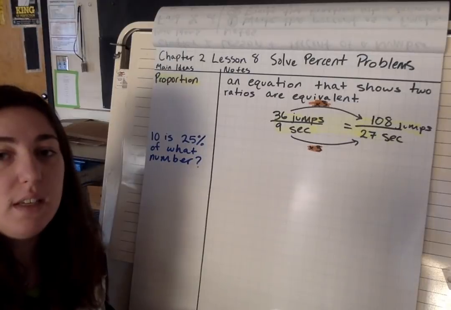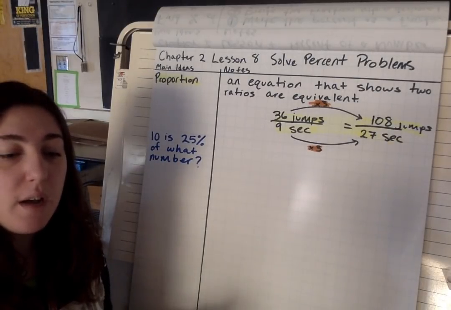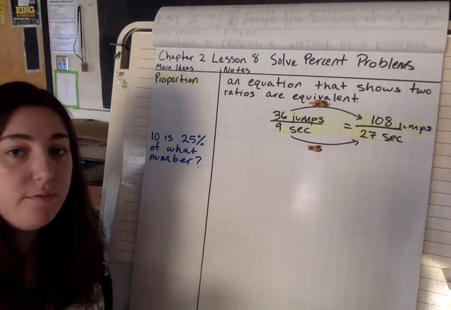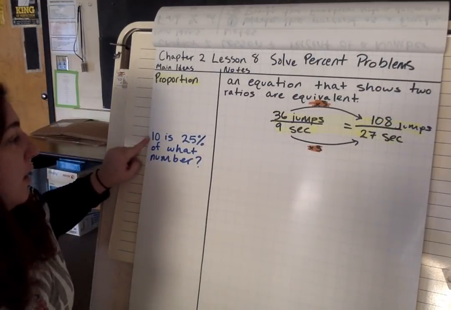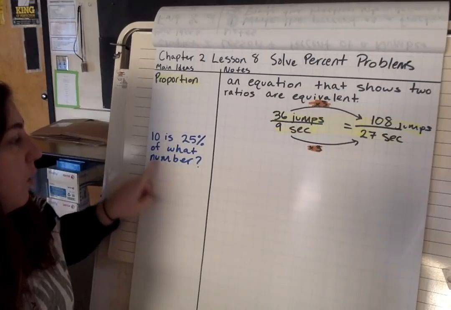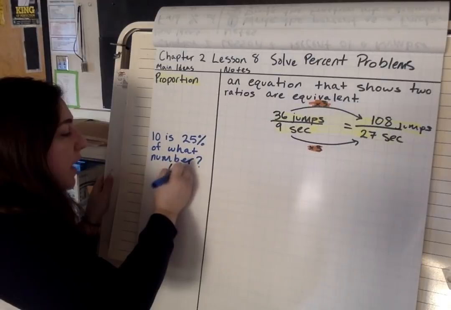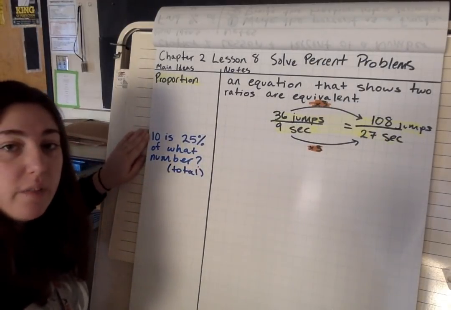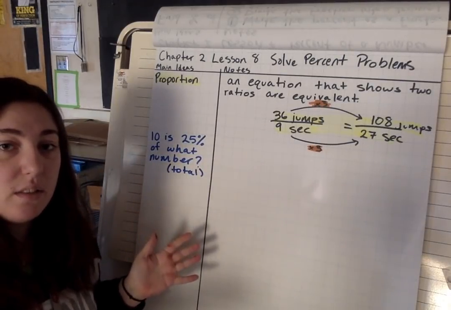We're not used to seeing problems like this in Lesson 7. We're used to seeing problems like, what is 30% of 200? But here, we are given this. 10 is 25% of what number? So when it says of what number, that's the total, okay? They're only giving us part of the total here, but we need to figure out what the total number is.